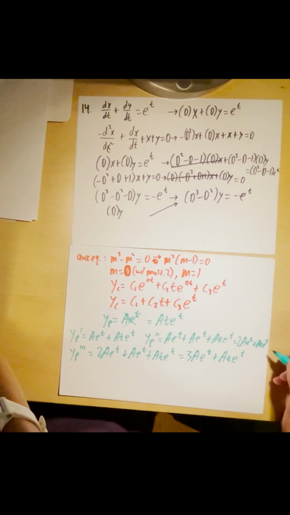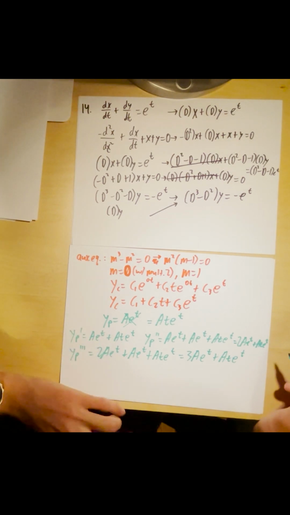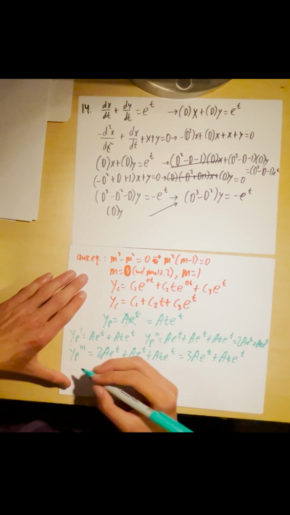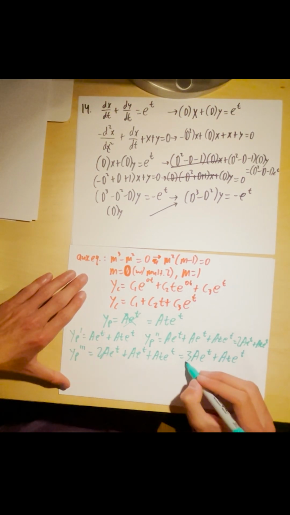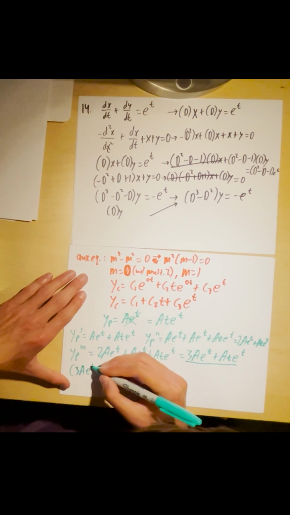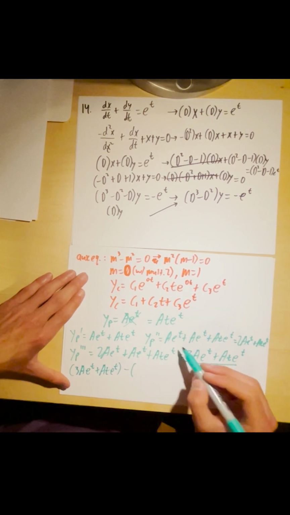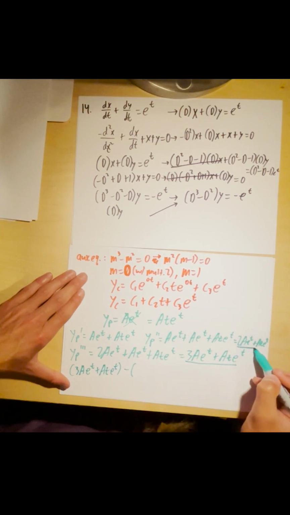Now we plug these into this equation. So when we have d cubed minus d squared y, this is the same thing as y triple prime minus y double prime. So we're going to have this part minus this part.